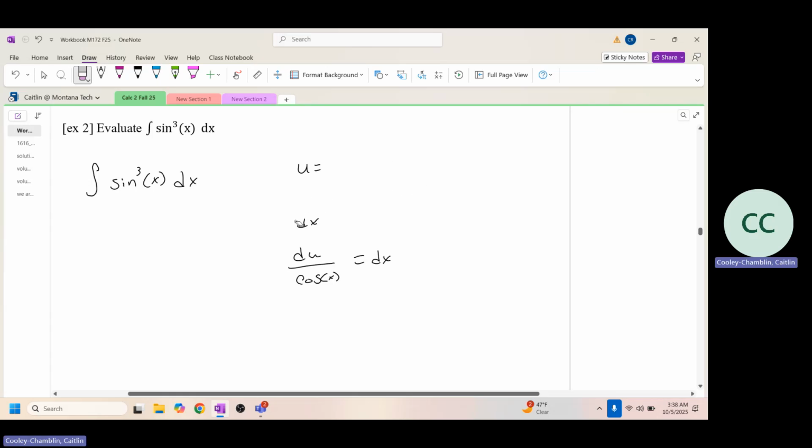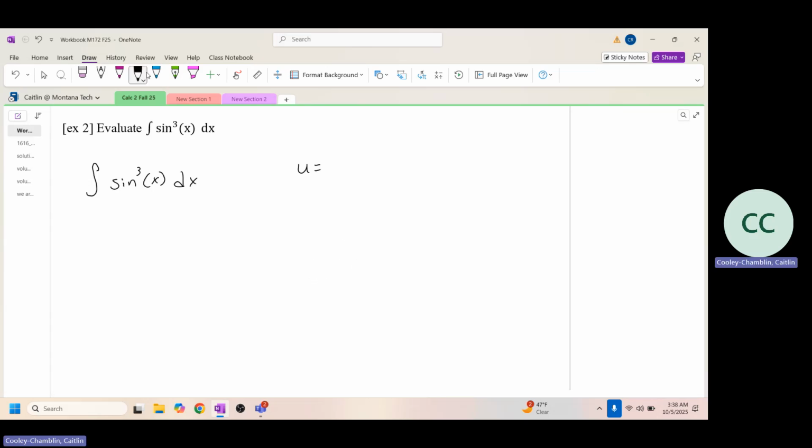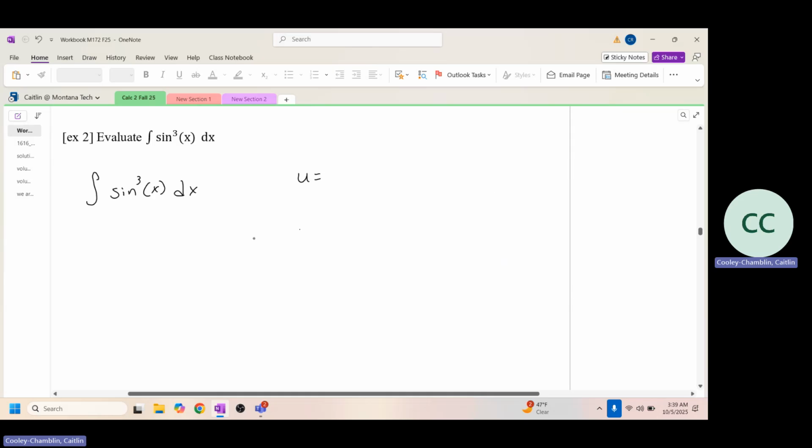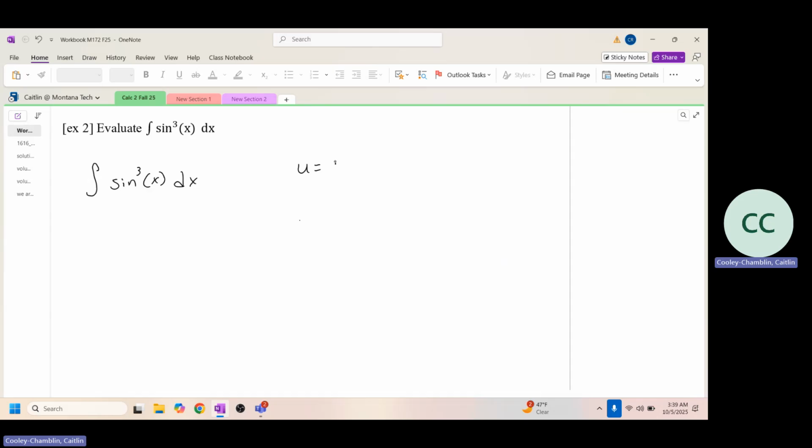So we need to try a different u. Typically in these cases, when we get sine cubed, we normally get cosine to a power as well. So when we see these problems, we normally see them in pairs like this: cosine and sine together, with different powers. In this case, this is going to seem a little strange, we are going to let u be cosine of x.